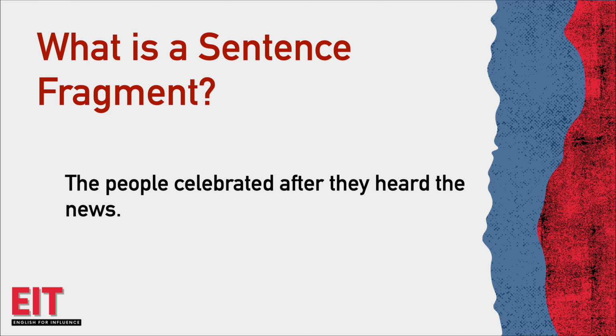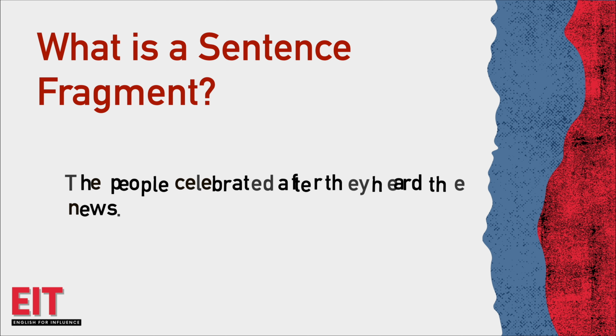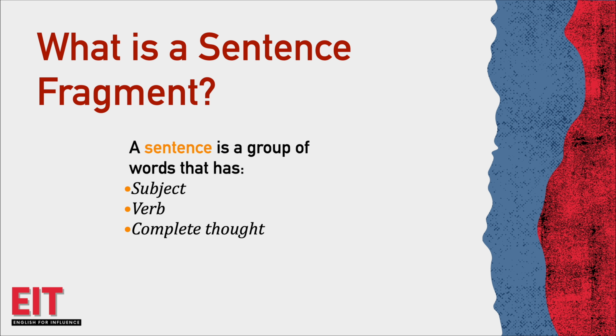Okay, to understand sentence fragments even more, let's review what a sentence is. A sentence is a group of words, but not just a group of words. It should have three things: a subject, a verb, and a complete thought. All of these should be present.